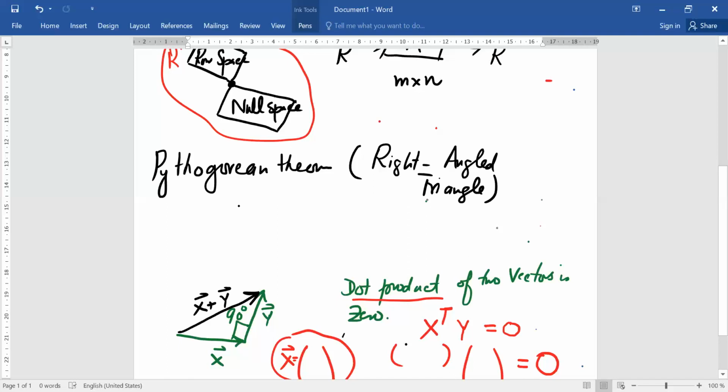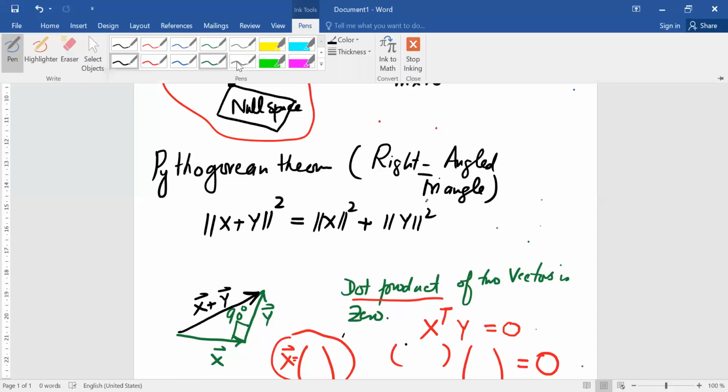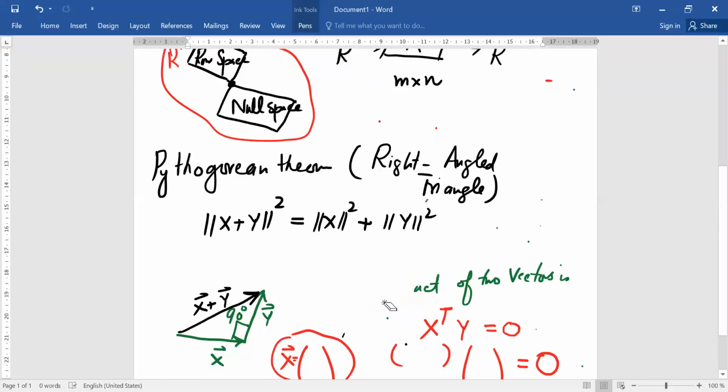And now the Pythagoras theorem says that for the hypotenuse distance, and for the distance we always put a double bar, the distance square of the hypotenuse is equal to the base distance square plus the height distance square. Now, this theorem, one should keep in mind, only applies to right-angled triangles. So I will just clean this a little bit to get some space here. Okay.